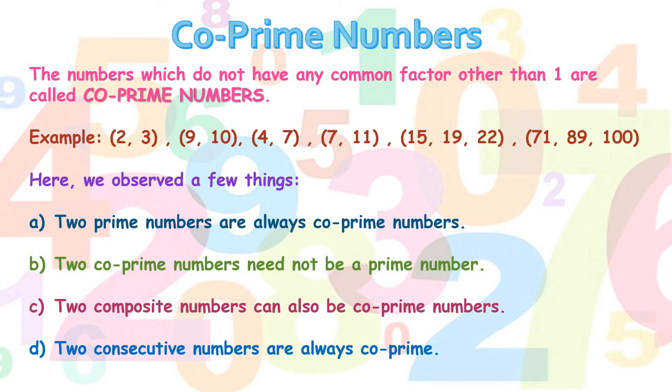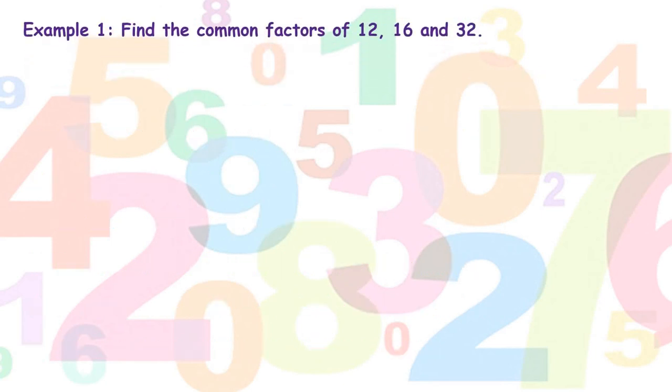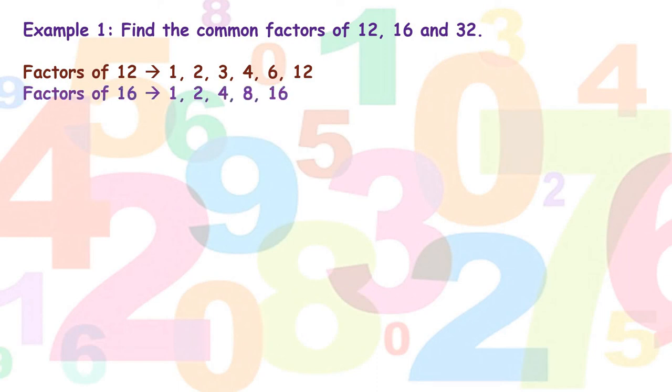Now we'll do 2 examples to revise common factors and common multiples. So example 1, find the common factors of 12, 16 and 32. So factors of 12 are 1, 2, 3, 4, 6 and 12. What are the factors of 16? Right? 1, 2, 4, 8 and 16.